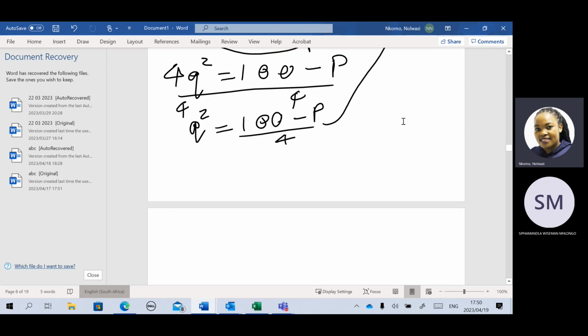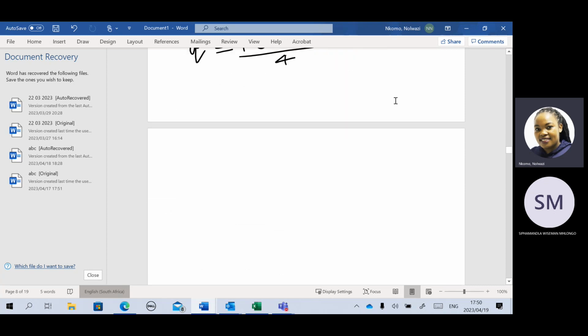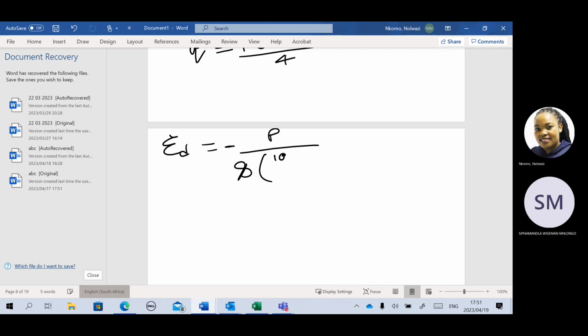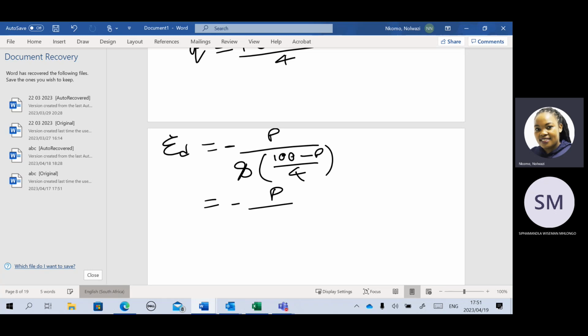If I take that and substitute it here, I will have the elasticity of demand as minus P over 8 times (100 minus P) over 4. And if you simplify this further, you should get minus P over 2 times (100 minus P).